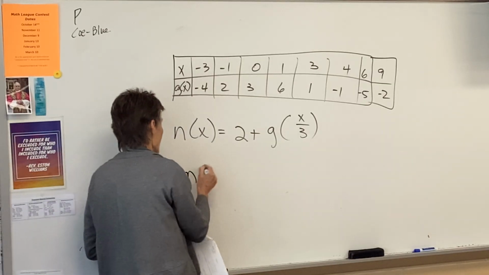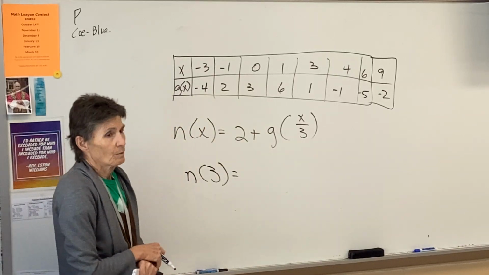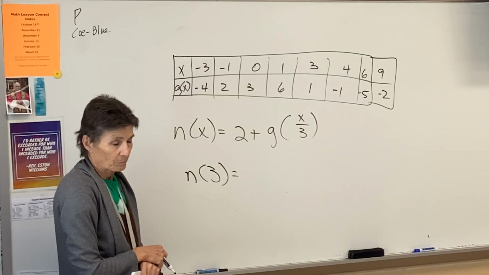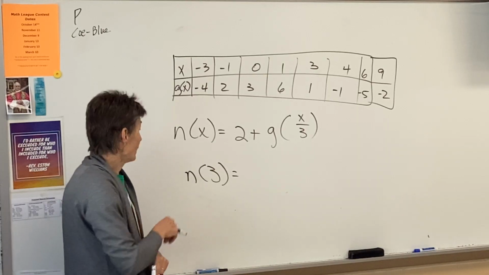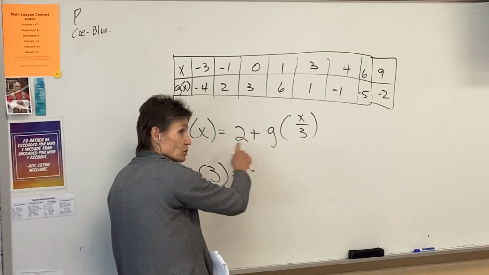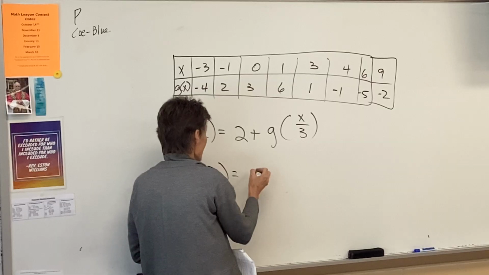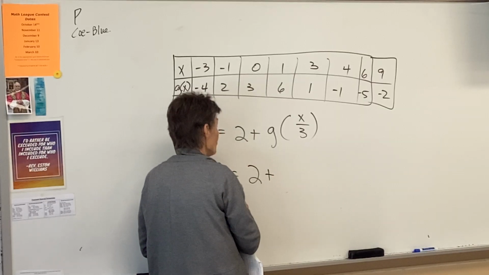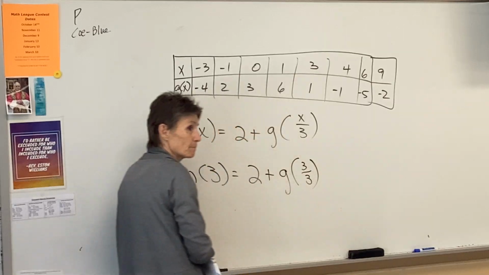Find n of 3. What did we decide we were going to do? We did several of these. What do we do? Charlie? Well, we plug 3 into our function. Right. We're finding n of 3. So wouldn't n of 3 be 2 plus g of 3 over 3?